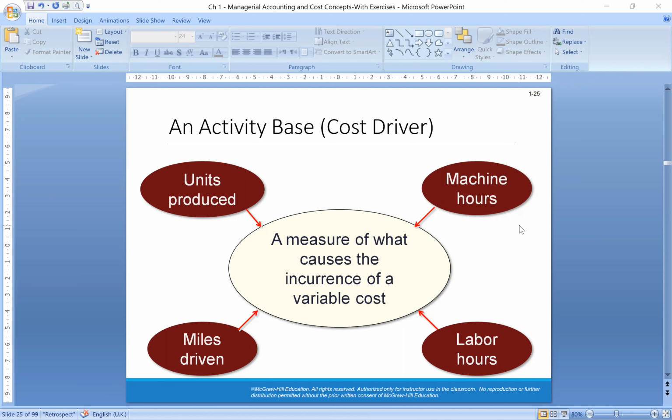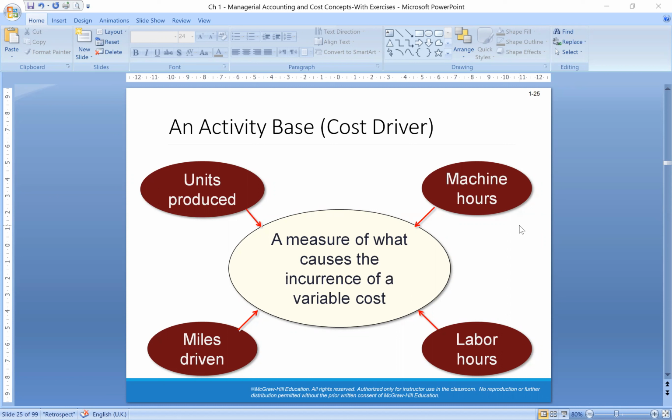If I'm talking about myself, then the cost driver will be the labor hours. Doing more labor hours means the cost will be more, okay? Then the cost driver in this case will be the labor hours.